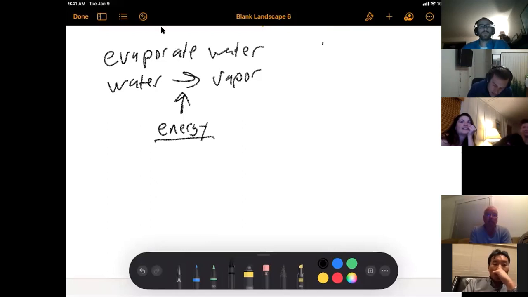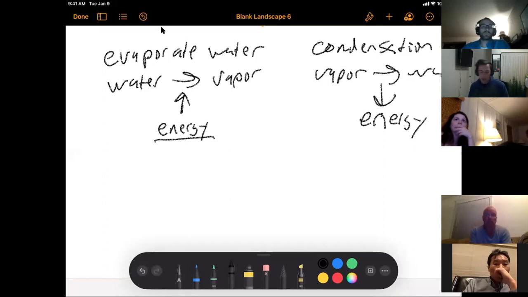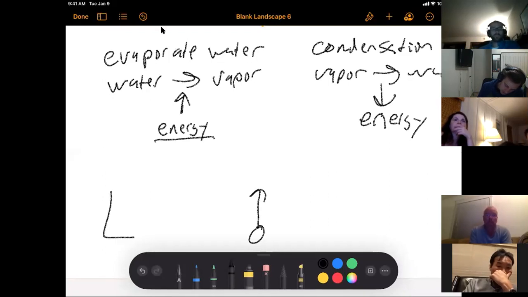Now, if we go the opposite way, and we go from vapor to water, okay, this ends up releasing energy, okay? And so basically the idea is that we have our little parcel. It's going up in the atmosphere, right?